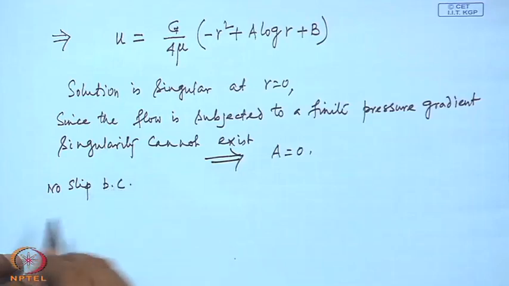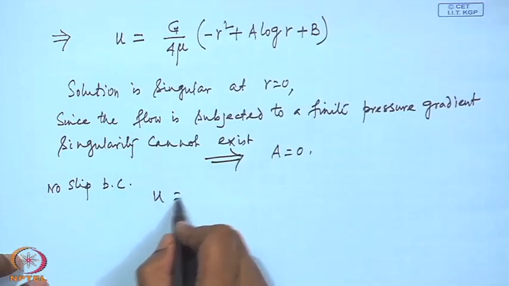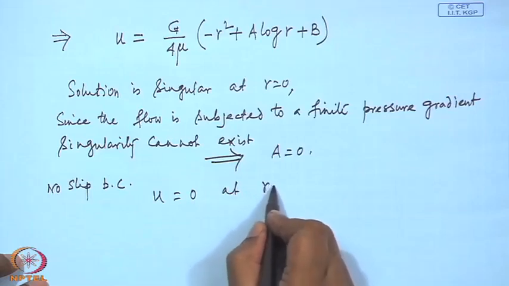And then we have the no slip boundary condition, u equal to 0 at r equal to A.